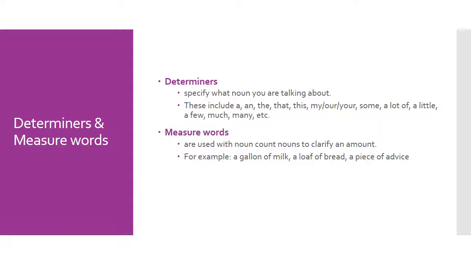Some examples of determiners would be the articles a and the, this, that, these, those, my, our, your, some, etc. Measure words would be a way to quantify things that are not in and of themselves quantifiable. So milk is a non-count noun, so I can't give you 1 milk, but I can give you 1 gallon of milk. I can't give you a bread, but I can give you a loaf of bread, and so on.